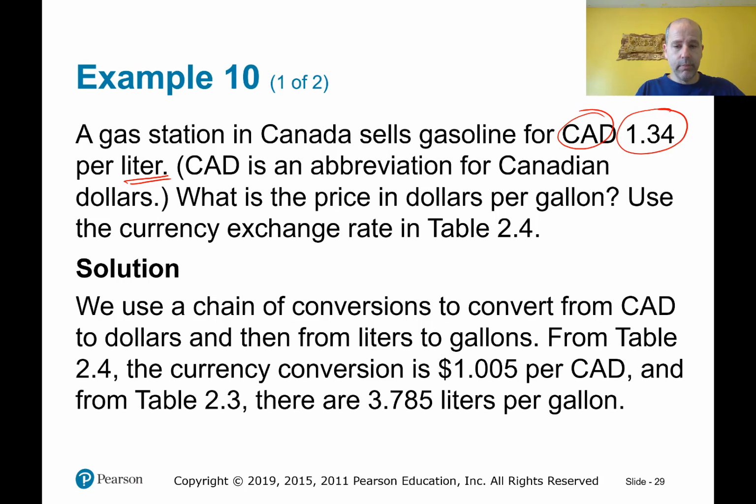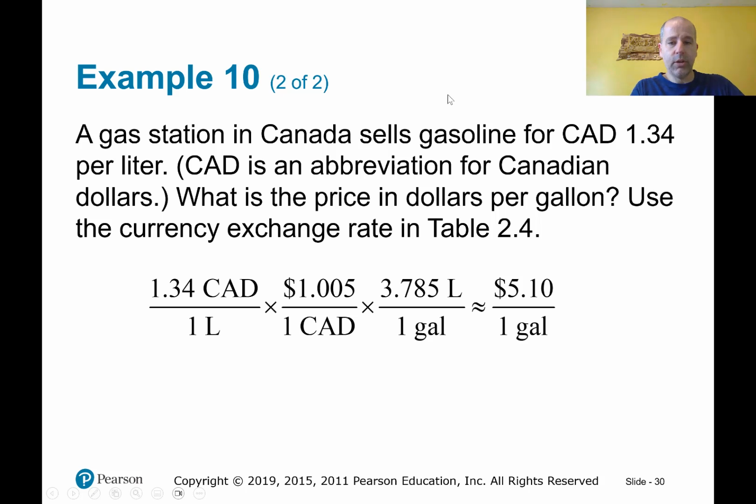And then also, because we want to convert into dollars per gallon, we're also going to have to convert between liters and gallons. So we're going to do two conversions here, going from Canadian dollars per liter to dollars per gallon. We start with 1.34 CAD over liters, and we convert first to dollars, so the Canadian dollars cancel.